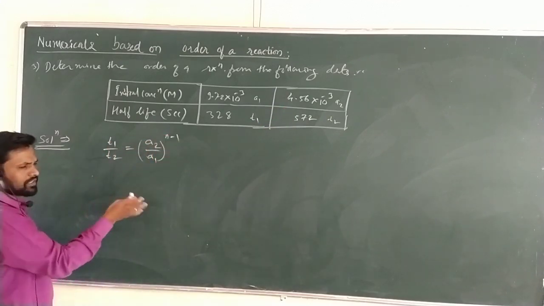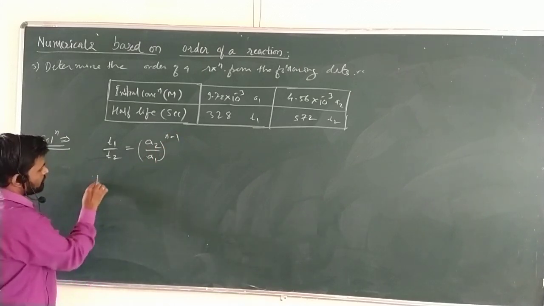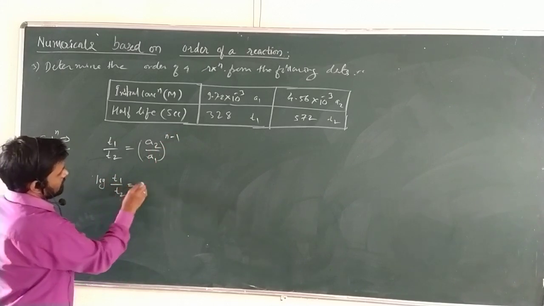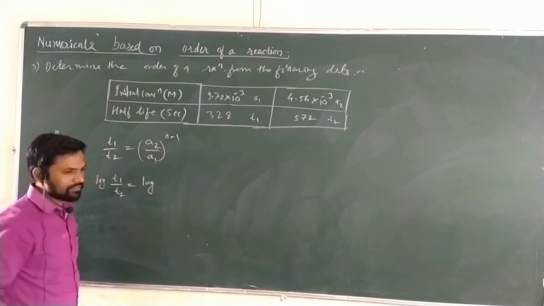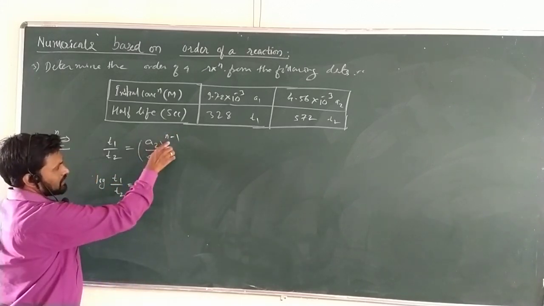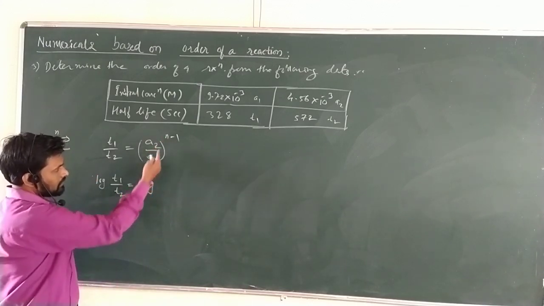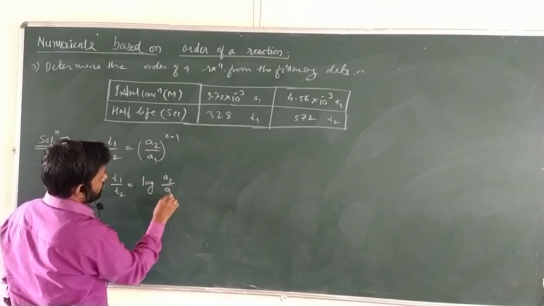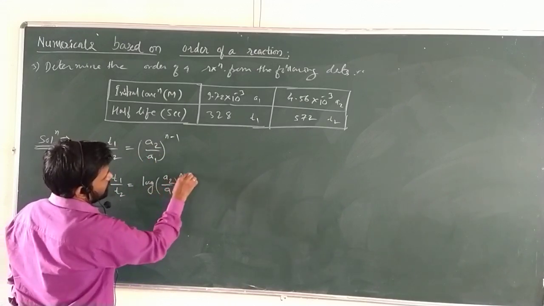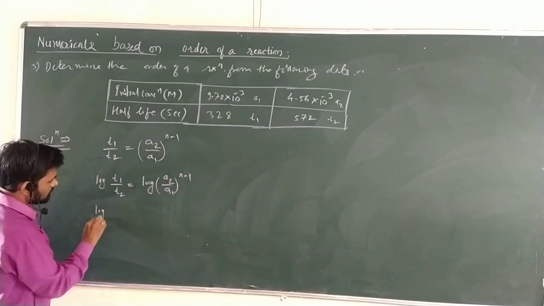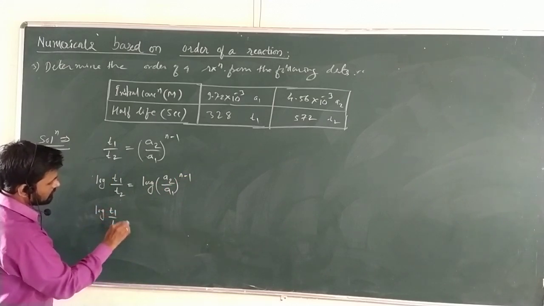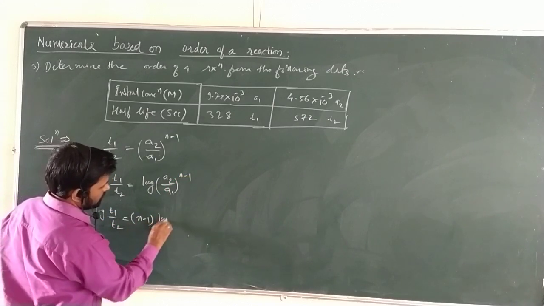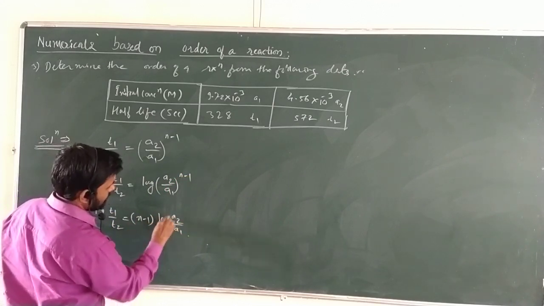Taking the logarithm on both sides, because this is the exponent, the n minus 1 comes to the bottom. So this becomes log of T1 upon T2 equal to n minus 1 times log of A2 upon A1.